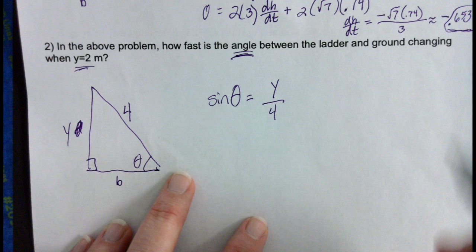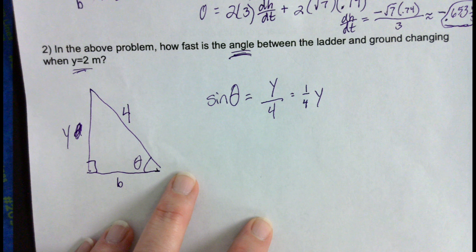Equals just 1/4 dy dt. Now, dy dt is what it says in the above problem. So we go back up to the top where it says it is coming down the wall at a constant rate of 0.74 meters per second.